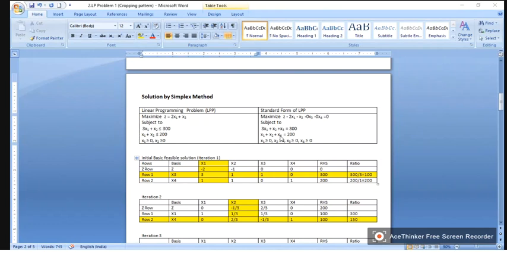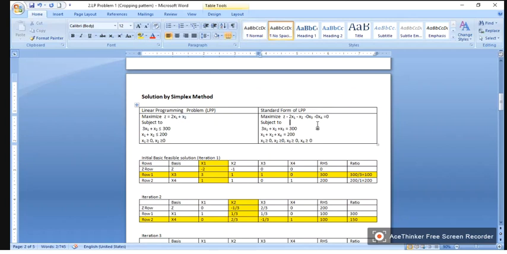Okay. So in the z function, we add plus 0x3 plus 0x4, because they are slack variables and we do not know anything about them. For that reason, we put the coefficients as 0, and we again write the objective function in equation form.